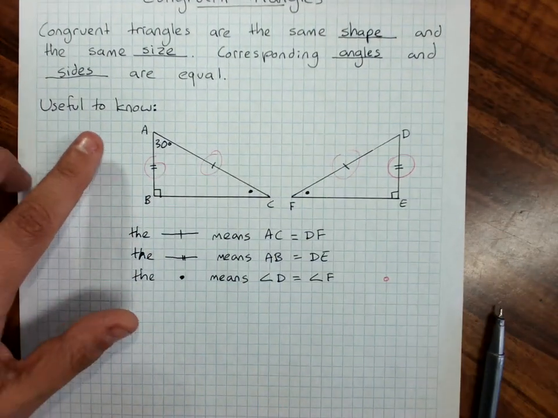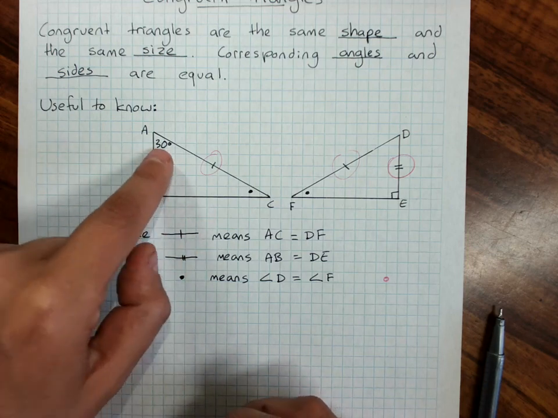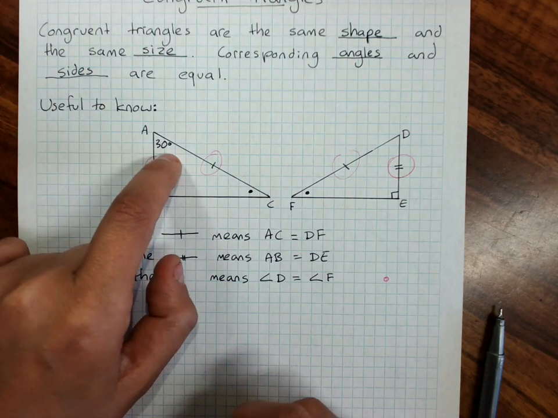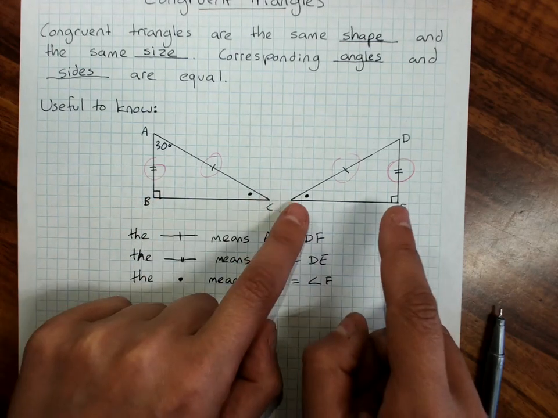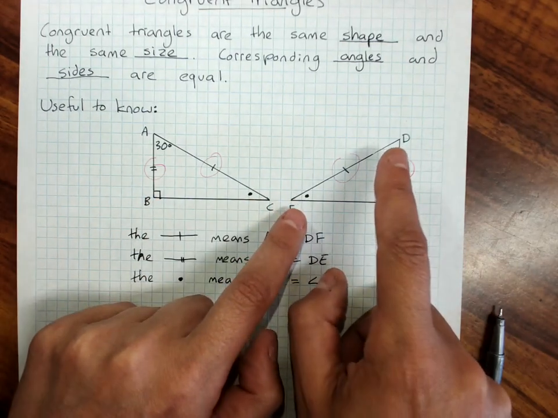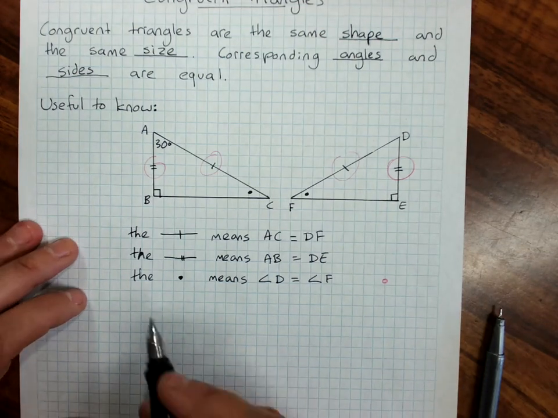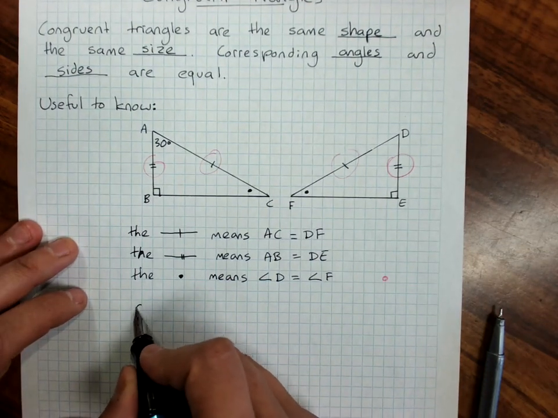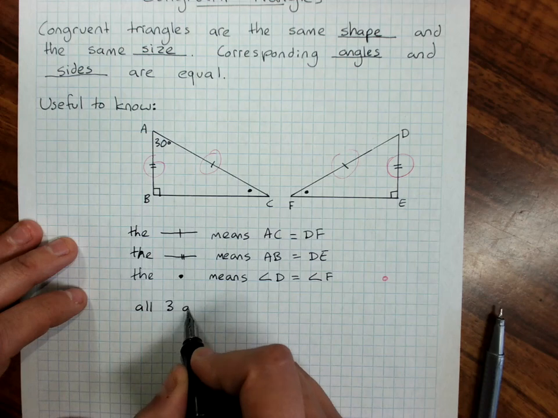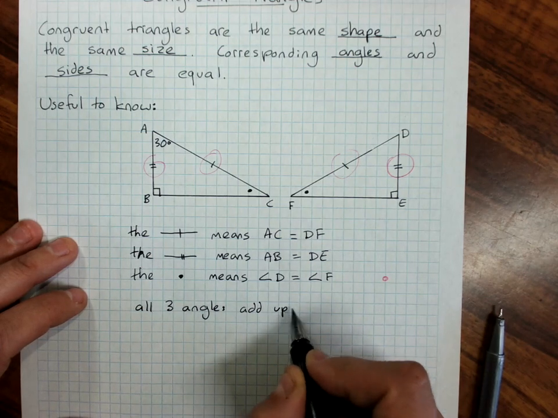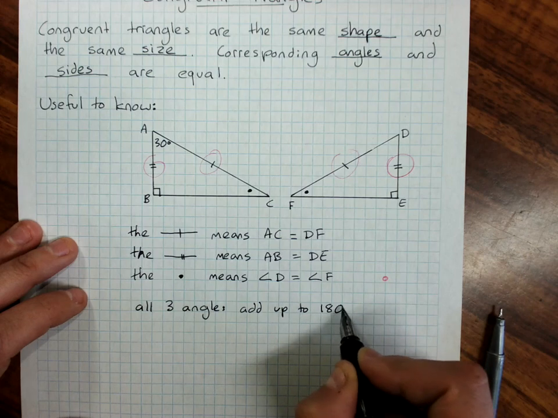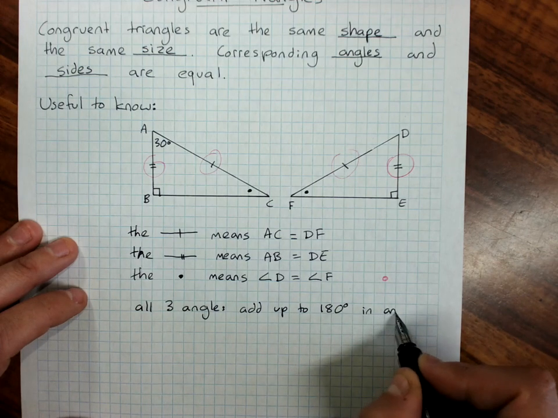Now, if they told me that this is 30 degrees, since I know these two angles and those two angles are the same, the third angle has to be the same as well, because all three angles add up to 180 degrees in any triangle.